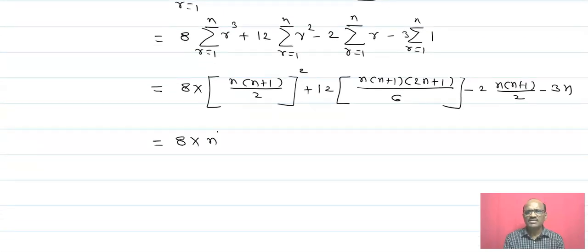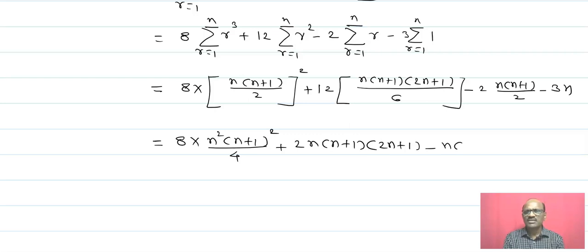Therefore, the terms are 8 into n square into bracket n plus 1 whole square upon 4 plus, next simplification, 2 into bracket n into n plus 1 and 2n plus 1. 2 again gets cancelled, that is n into n plus 1 minus 3n.